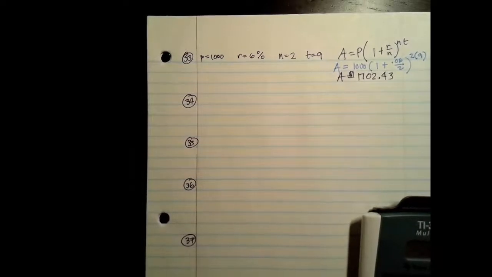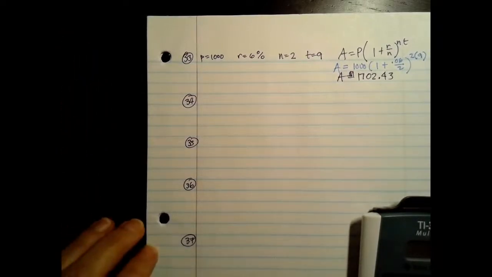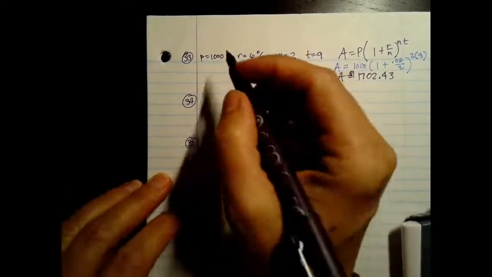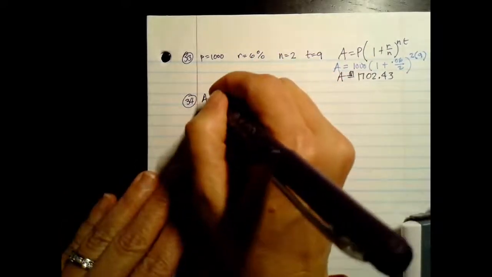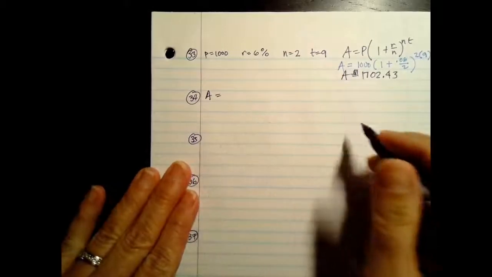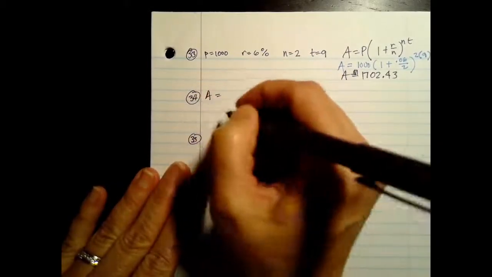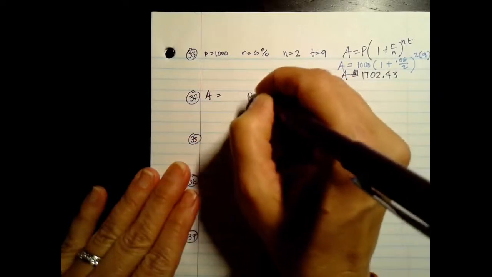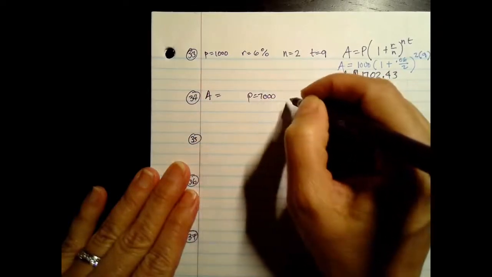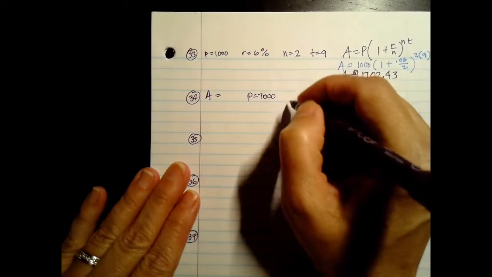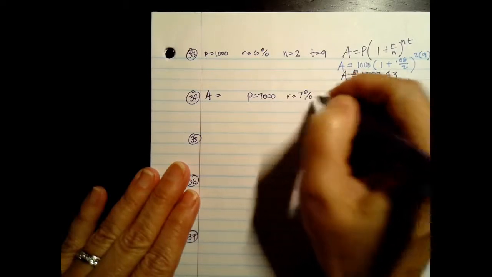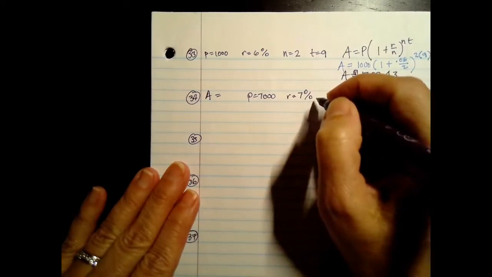Okay, number 34. It says find the accumulated amount, so I'm looking for A again. See what it gives me. Investment of 7,000, so my P is 7,000. 7%, so my rate is 7%. And then compounded continuously.